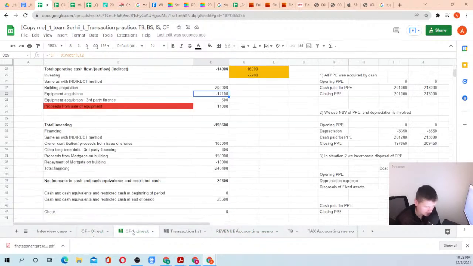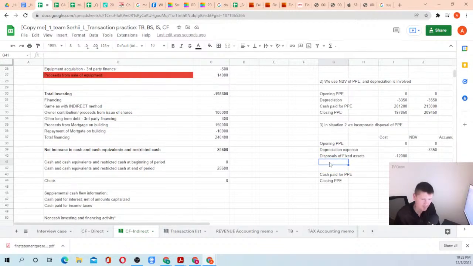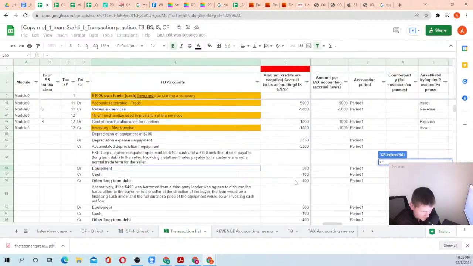Cash flow, indirect. Okay, let's call it non-cash acquisition of PP&E. And for non-cash acquisition, let's see. So we acquired 500 total, and the non-cash component was 400. Let's see if I can get it from here.